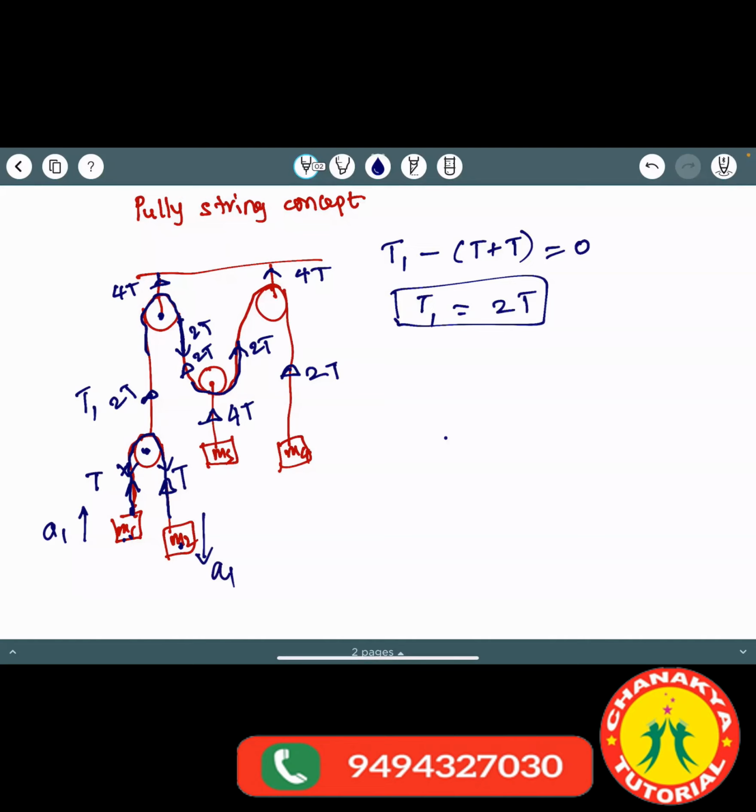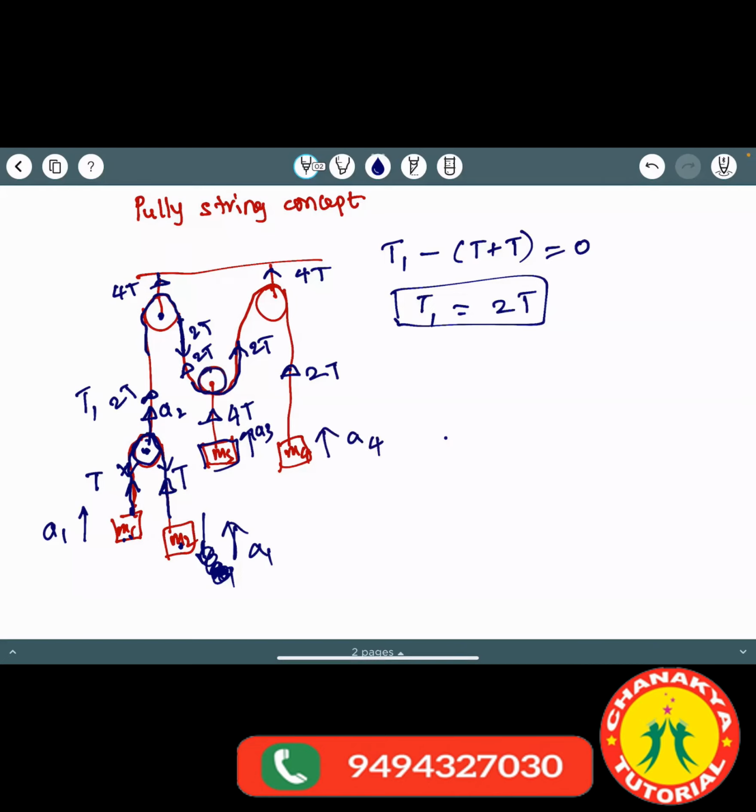Let's say this point will also move up with acceleration a2. If you don't know anything, assume all upward only. A1, this is a2, and this mass is moving with a3, and this mass is moving with a4.